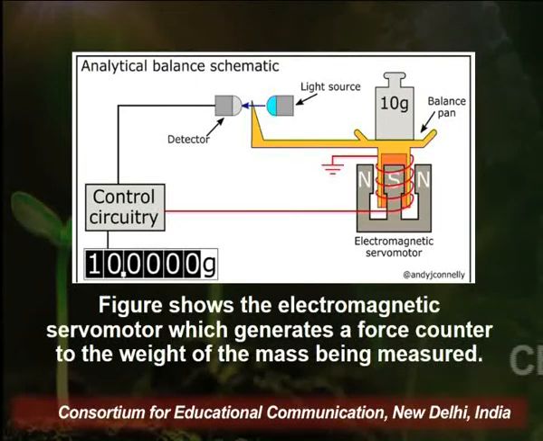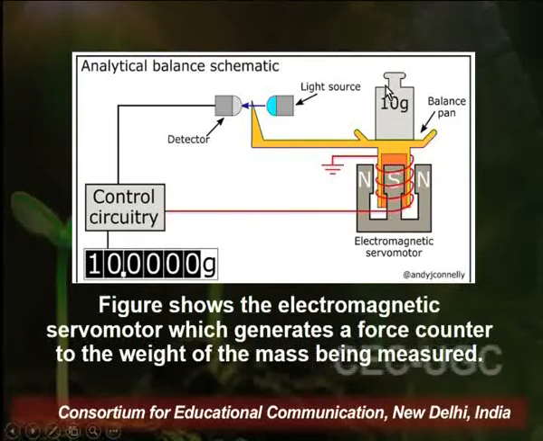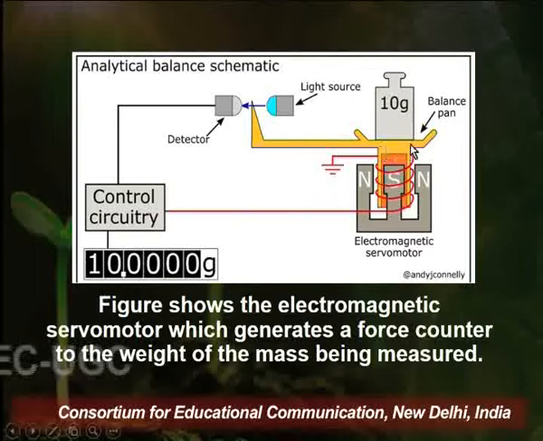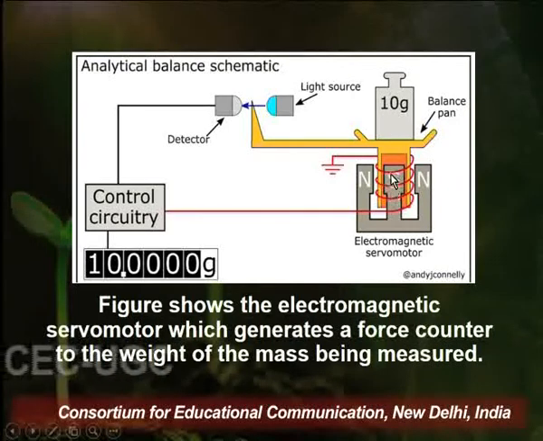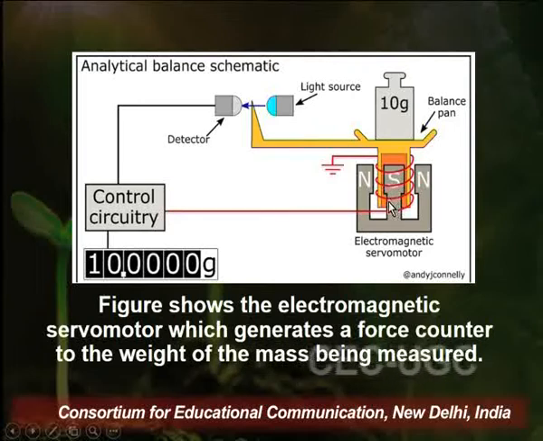So this is a schematic diagram of an analytical balance. Here the weight is put on a balance pan. The force of this material will pull down, and there is an electromagnetic servo motor attached downwards.